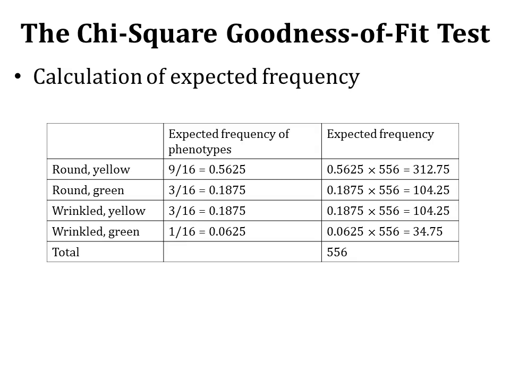And for the wrinkled green, we have 34.75, and their total is 556. So this is how we calculate the expected frequency. We are not considering them to be homogeneous, we are considering them to be following a predetermined ratio.